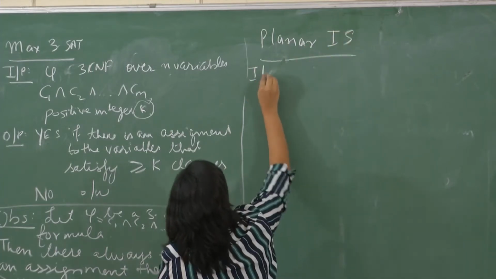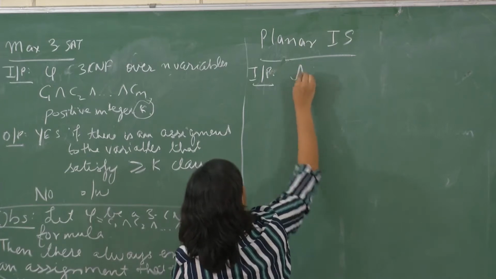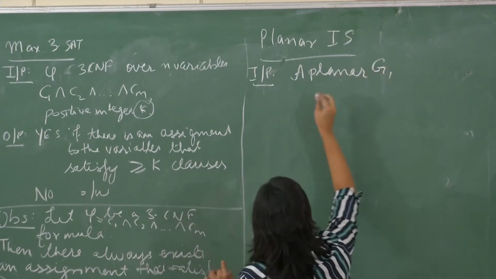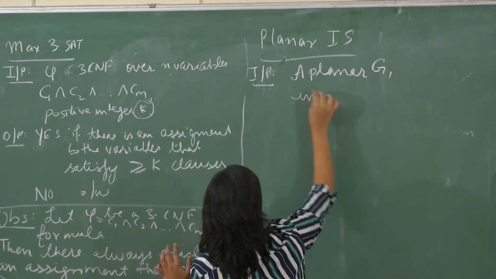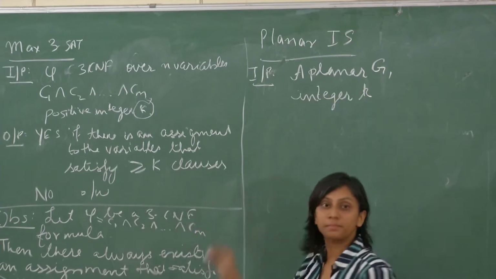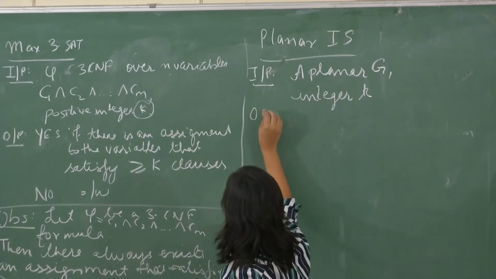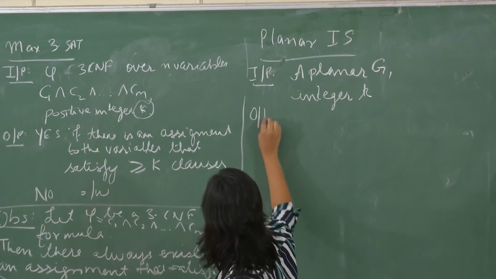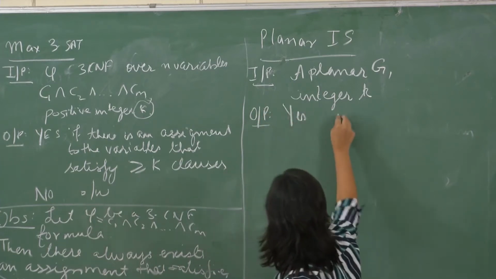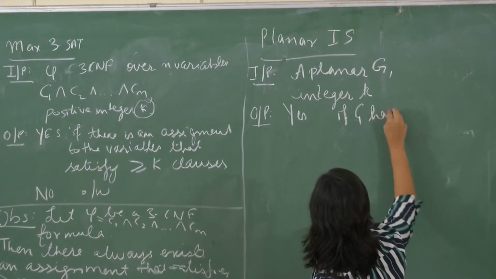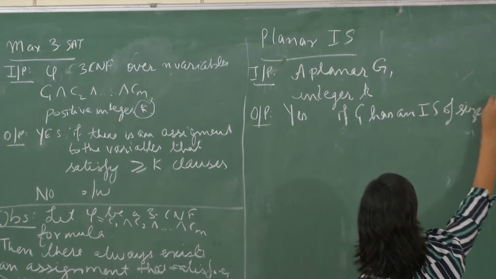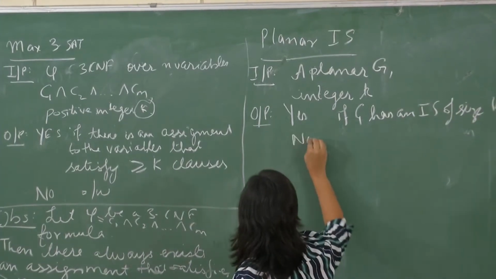So what's the input? The input is a planar graph and, again, a positive integer k, okay? And the algorithm outputs yes if G has an independent set of size k and no otherwise.